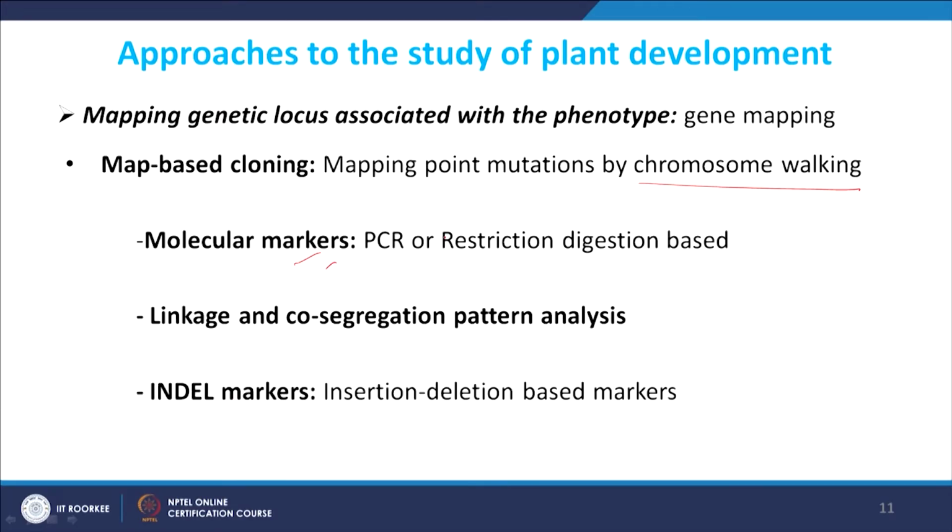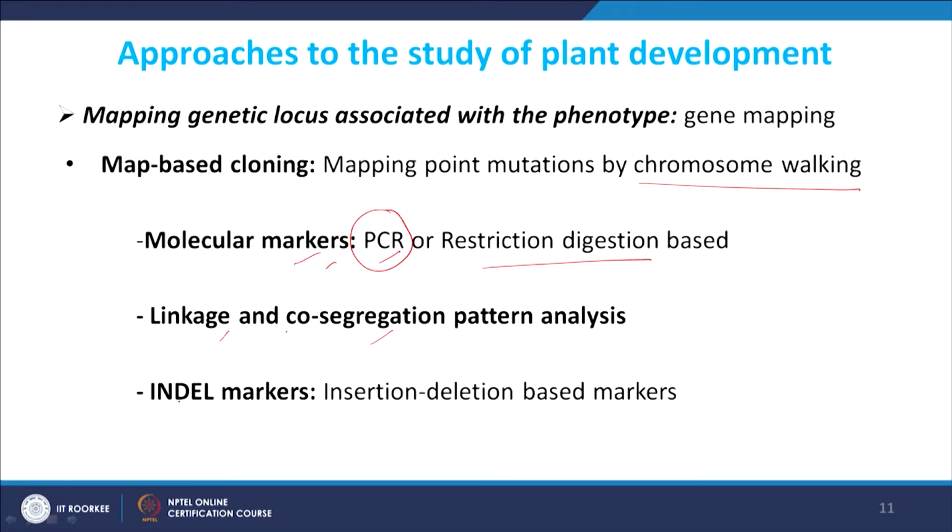Maybe we will see in the next slide, but this can be either a PCR based marker or a restriction digestion based marker. For quick analysis we prefer PCR based markers because this is very fast, and then we try to analyze linkage and segregation pattern between these molecular markers and the phenotype.